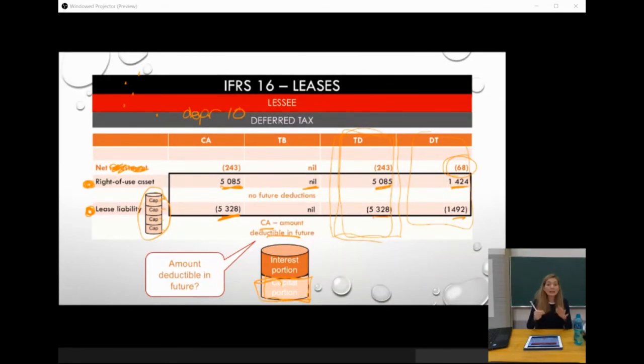Remember, like I said, the rules and the formulas help us to get to the correct temporary difference. But in this case, there was a lot of uncertainty about the treatment of a right of use asset, the tax on that, the tax base of that. However, they've now come out with guidance to say specifically that the exemption will not apply, because it's not just the right of use asset that's recognized.